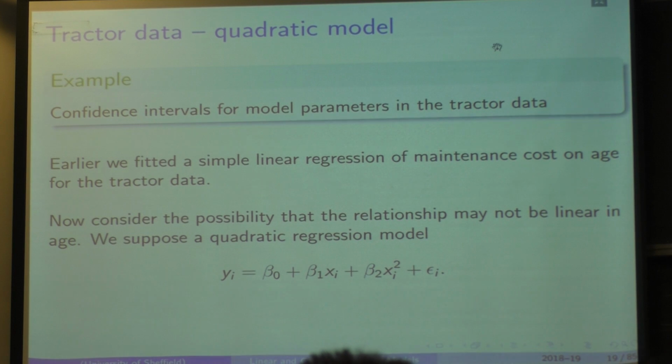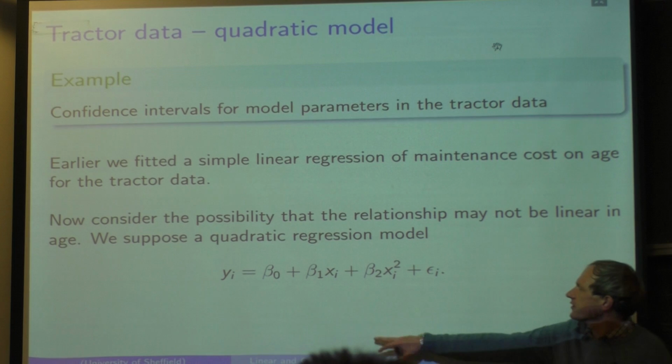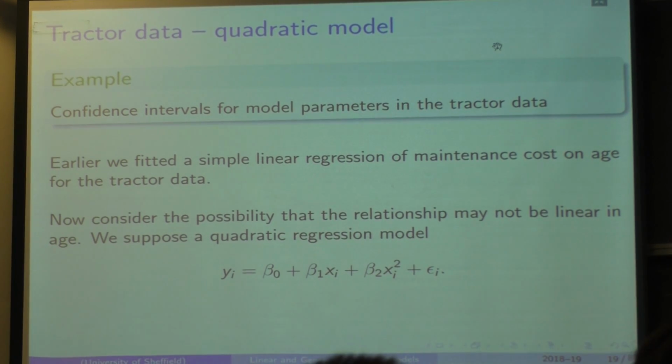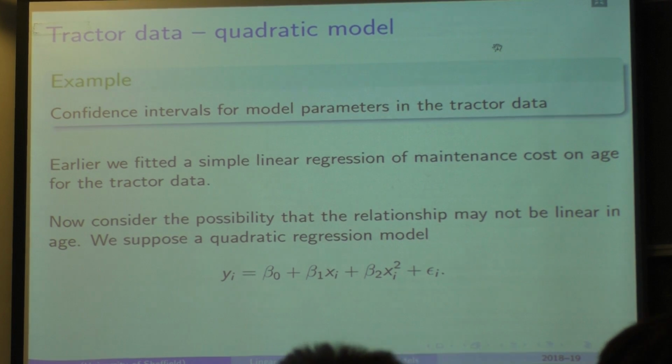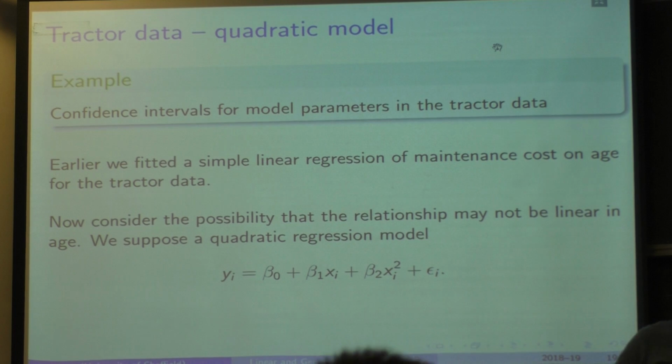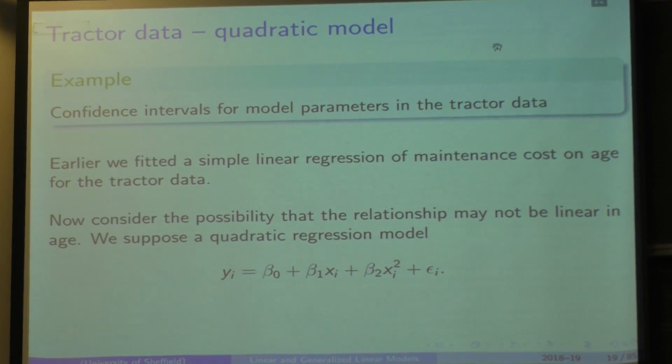So now I'm going to fit a quadratic model instead. So we're going to try and fit something like this. So xi will be the age, yi will be the maintenance costs. So yi will be a quadratic function of the age, and again we want to add on a random term epsilon i as part of the model.